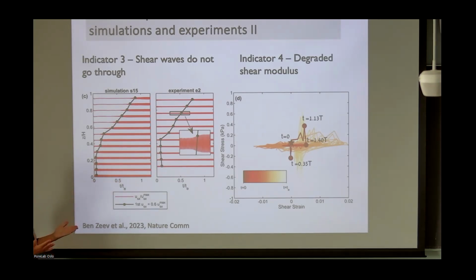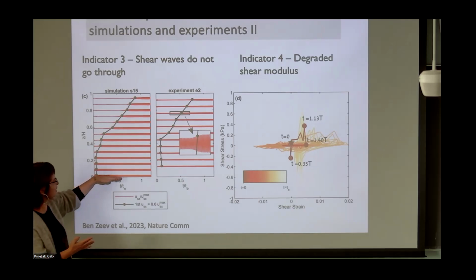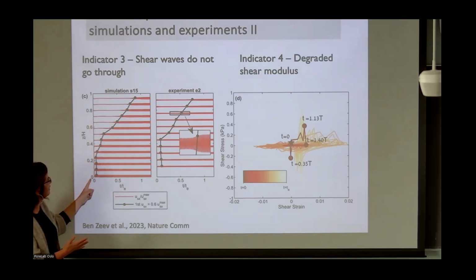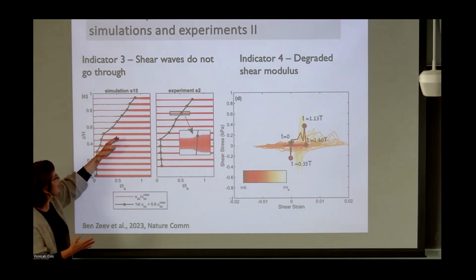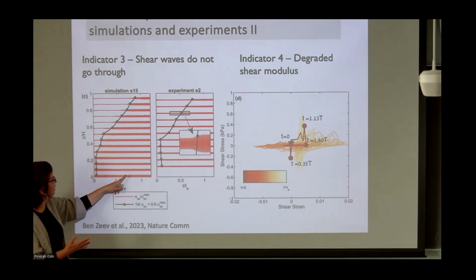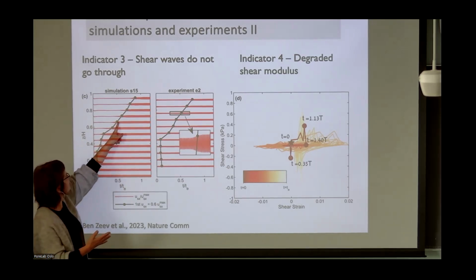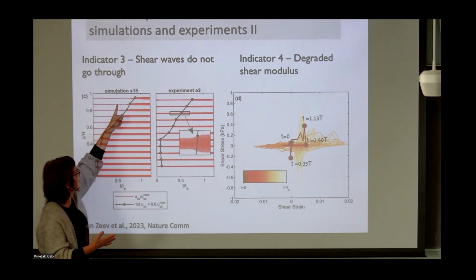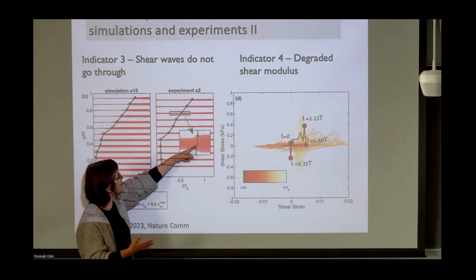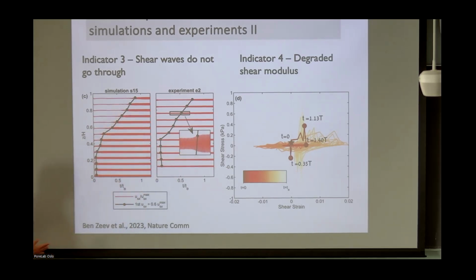If they're able to move the layer, it's a solid. So you see at time 0, everything is liquefied in the simulation, and with time, these are the shear waves. With time, if you look at this time as a function of depth, you see that up to a depth of 0.7, it's solid and then it's liquid. The same happens in the experiments, but a less pronounced signal.